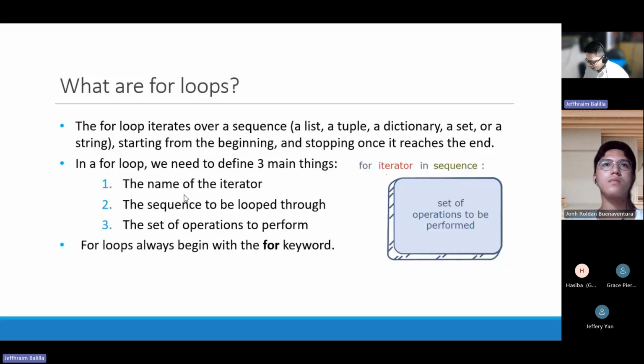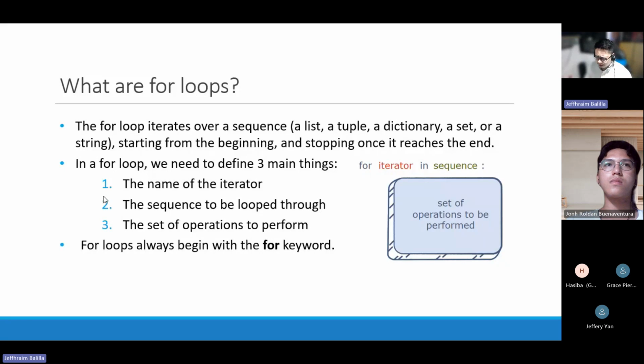Another thing that we need would be the sequence to be looped through. It could be a list, a dictionary, a set, or whatever. It's a collection of objects. And a set of operations to perform. What will you do? That is the main process here. So: for iterator name in sequence, then colon.